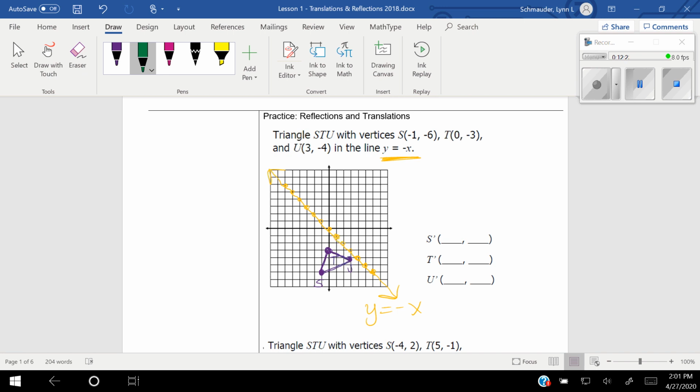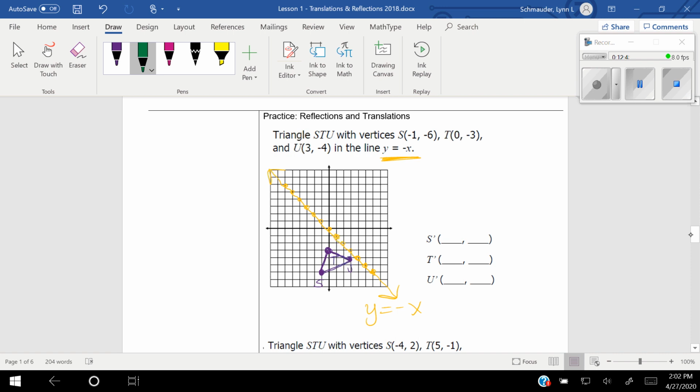Let's see. I've got this triangle. We're reflecting in the line y equals negative x. And remember, what we got to do is maintain the distance to the line of reflection of our pre-image point to the image point. So let's take point T here.